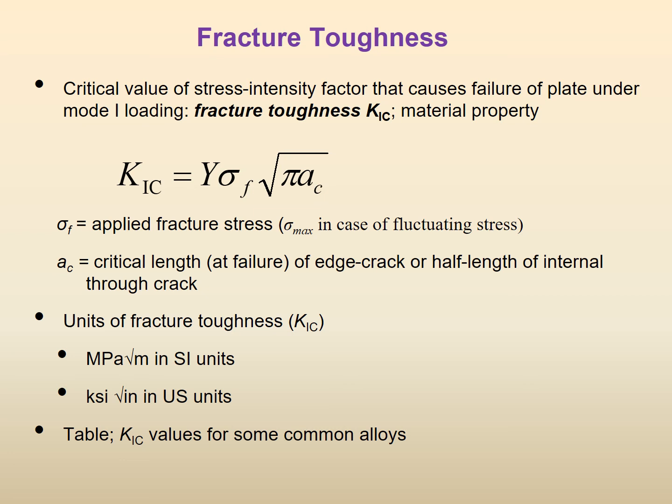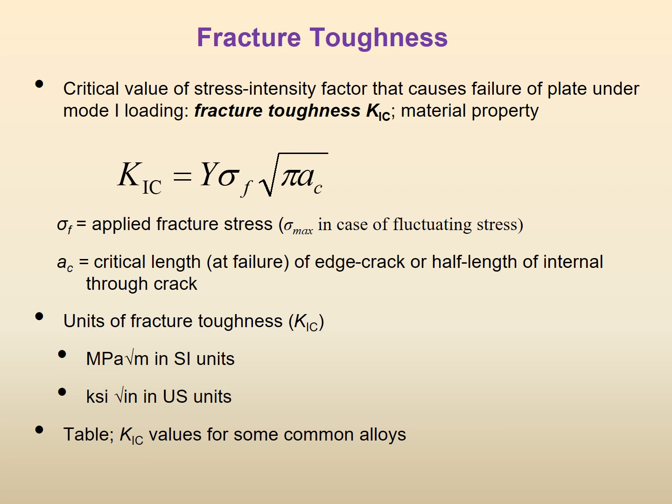There was an applied load and there was a crack, so you found the K1 at the crack tip. You increased the applied load, so sigma increased, and because of that the crack grew to a new size, so the crack size also changed. With this new value of sigma and this new value of A, the crack size, the K1 increased.